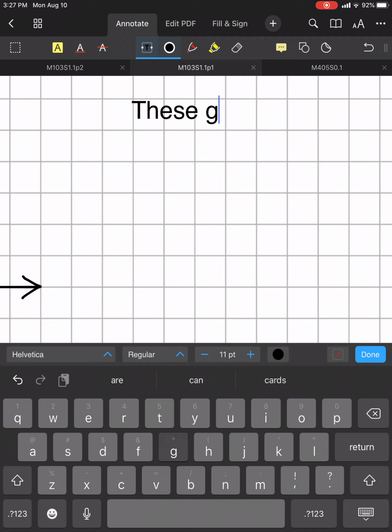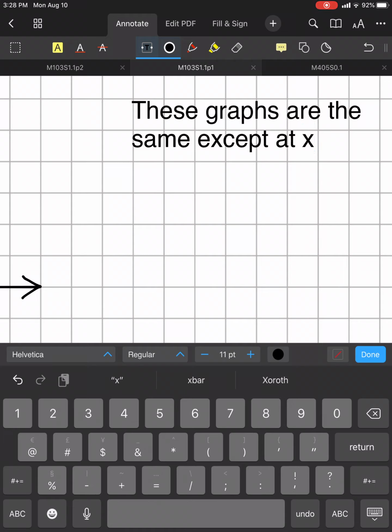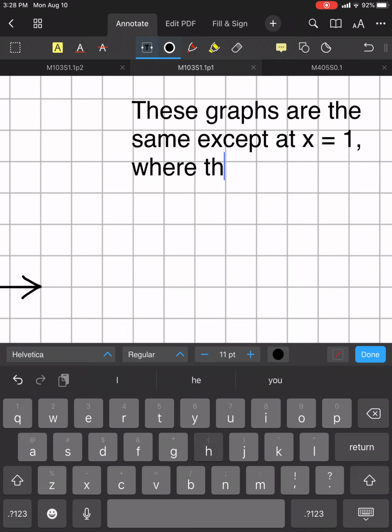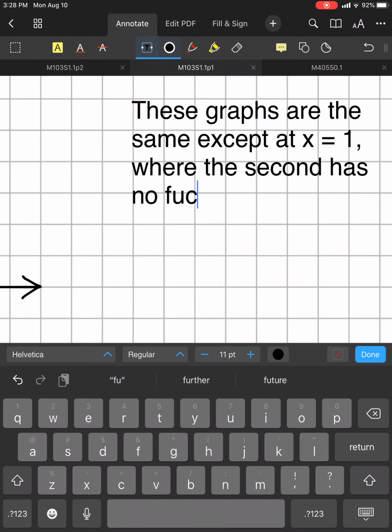These graphs are the same, except at x equals 1, where the second has no function value.